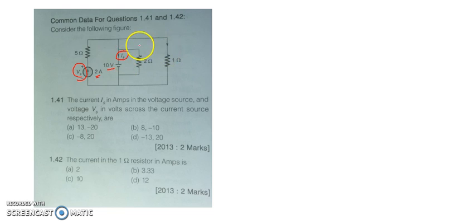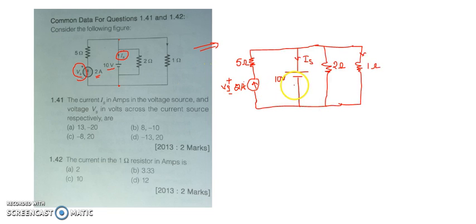He has given that from here to here the potential difference is 10 volts, and here one parallel resistor is connected to this 10 volt source. So I am redrawing this circuit with a little modification. I redrew the circuit like this, and the difference is that here the 2 ohm resistor is in parallel with the 10 volt source, right?